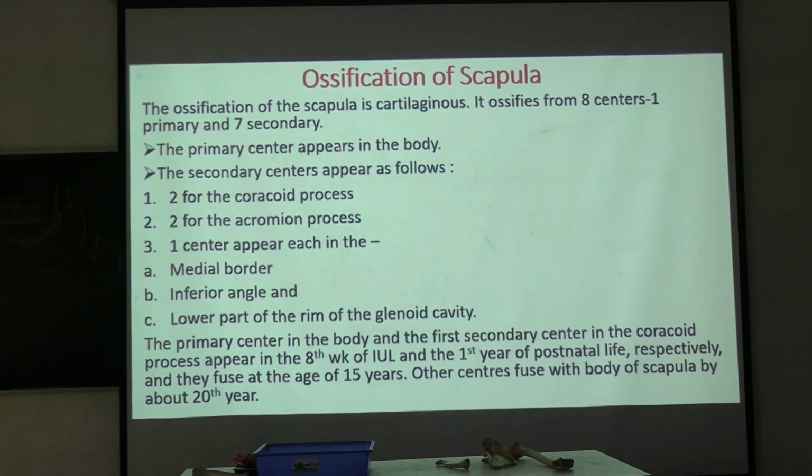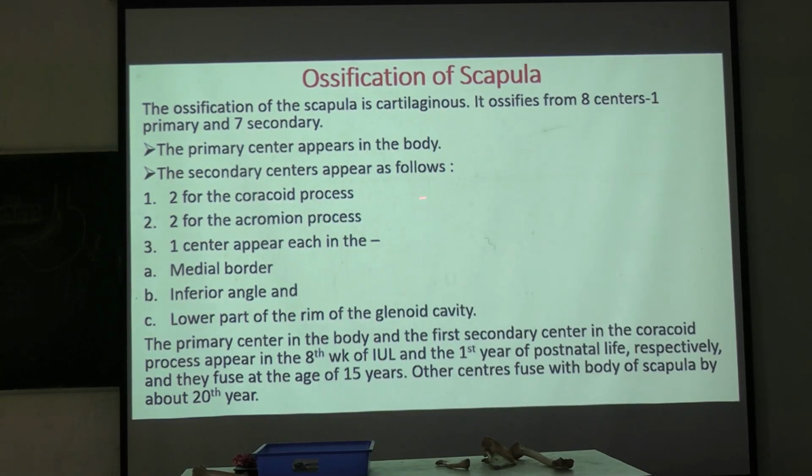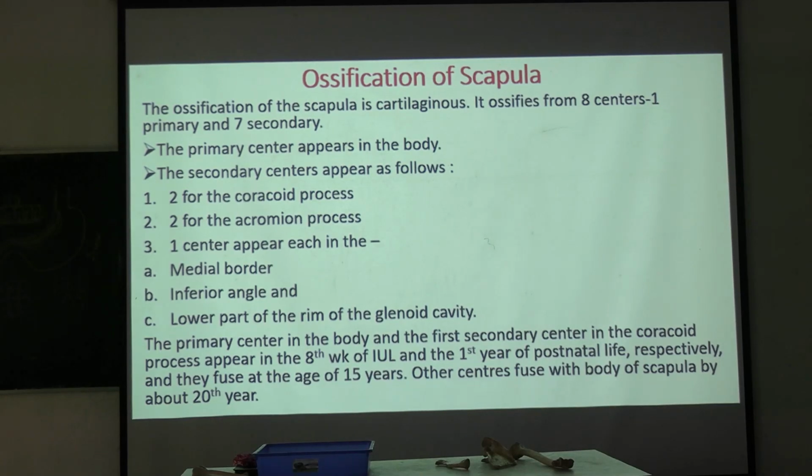One primary center appears in the body at the 8th week of intrauterine life, and the secondary centers appear in these regions: 2 for the coracoid process, 2 for the acromion process, and 1 center in each of the medial border, inferior angle, and lower part of the rim of the glenoid cavity.